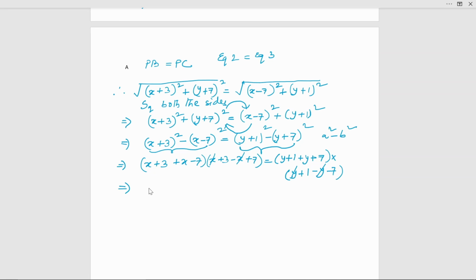So we have 2x, 3 minus 7 is −4, and 7 plus 3 is 10. 2y, 7 plus 1 is 8, and 1 − 7 gives me −6.